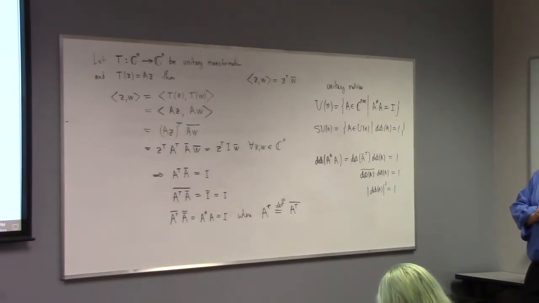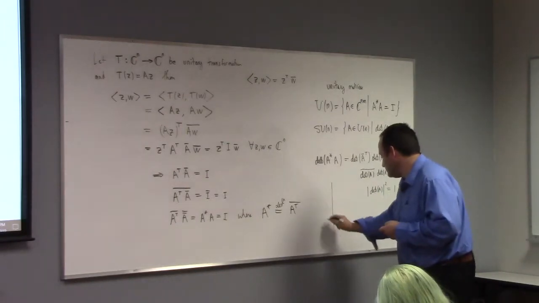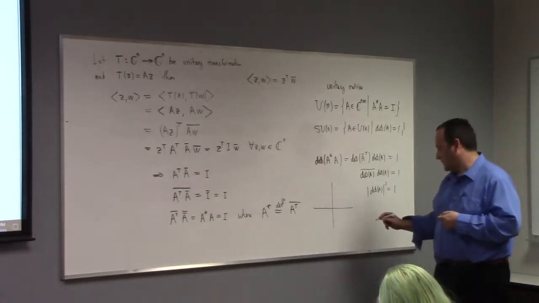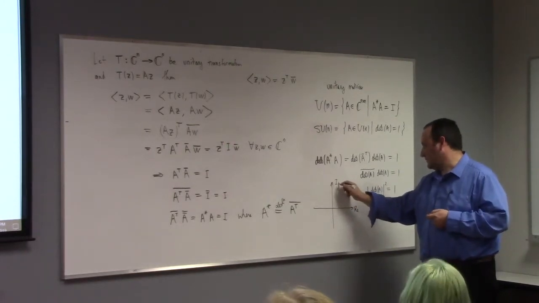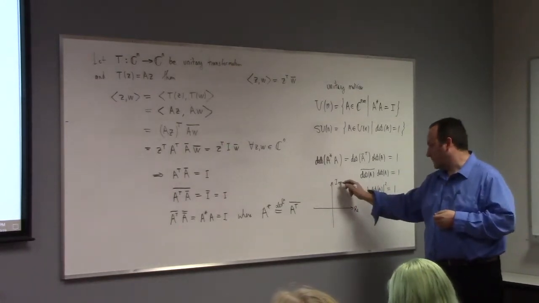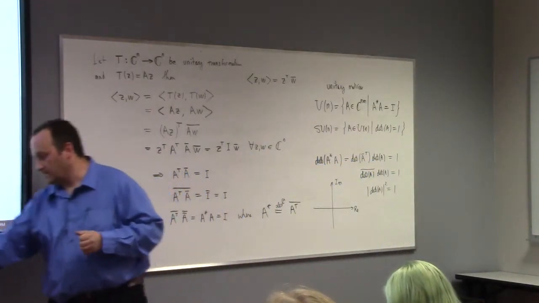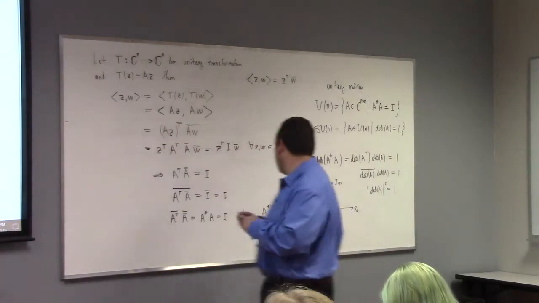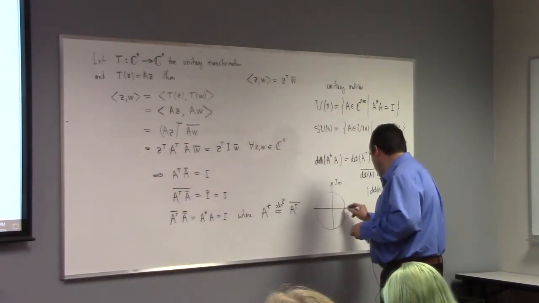That doesn't say it's equal to 1. What are the complex numbers with length 1? So if this is the real axis, and this is the imaginary axis, the determinant lies somewhere on the unit circle in the complex plane. It's somewhere on that circle. Here's 1.